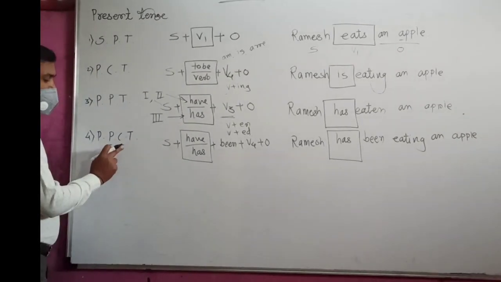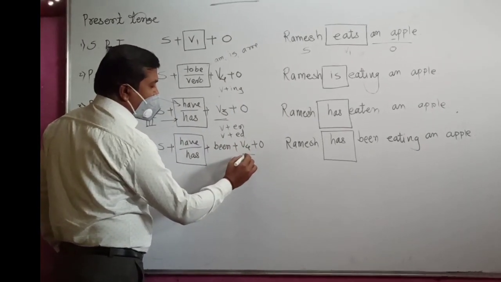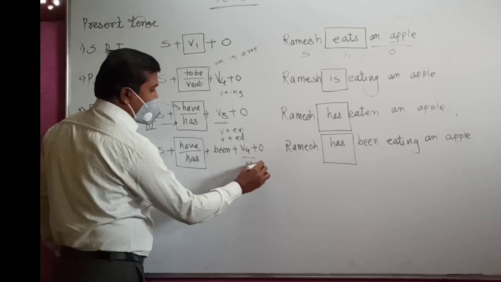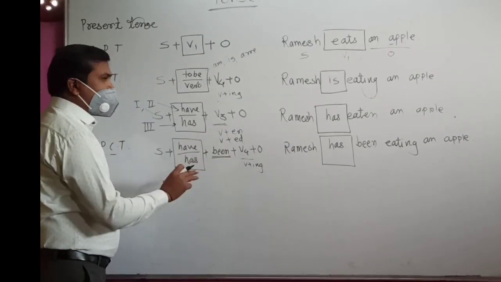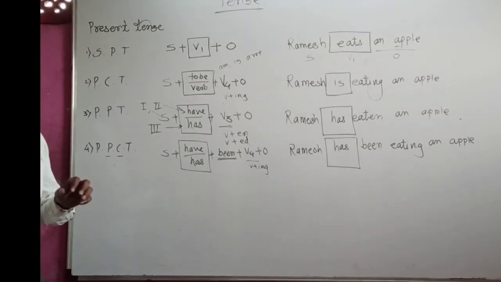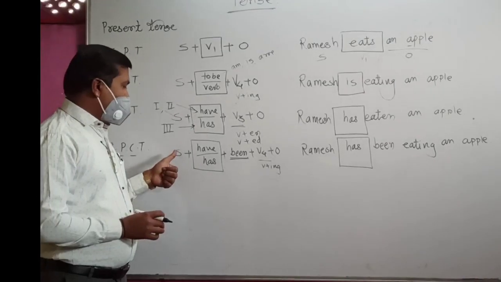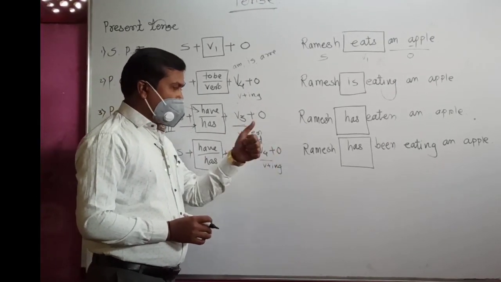Then there is a continuous tense, that's why the form of the verb is V plus ing, V4. And this "been" is present in the sentence to attach the perfect and continuous, both the actions. That's why the formula is subject plus have or has plus been plus V4 plus object.